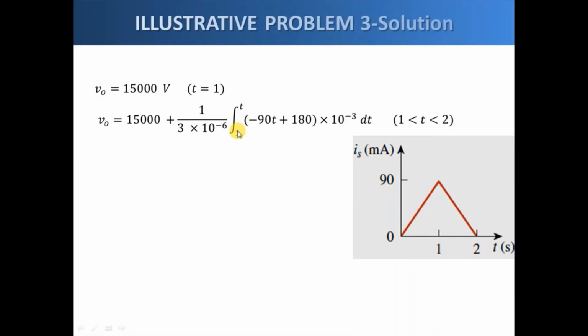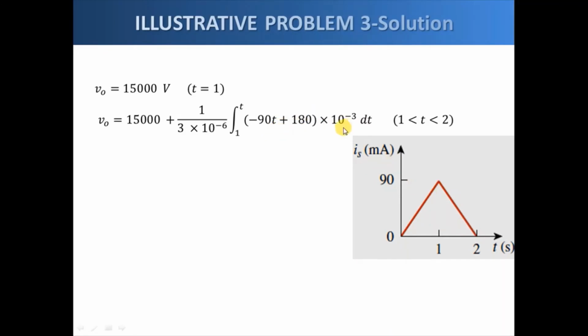So let's integrate between 1 and t, where t is between 1 and 2 seconds. We need to identify the equation for the current between 1 and 2. So this is the line here. Applying algebra there, we get negative 90t plus 180 as the equation of the line.